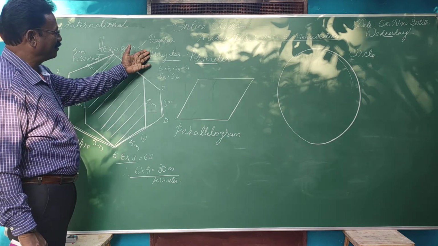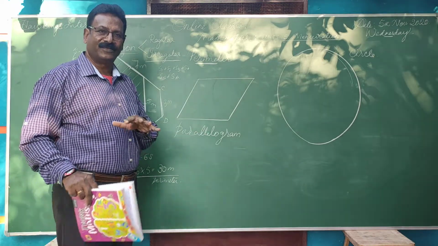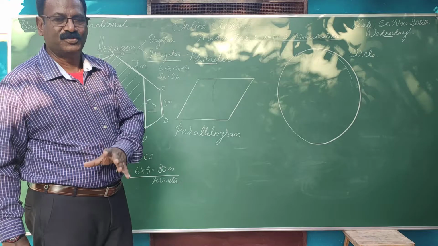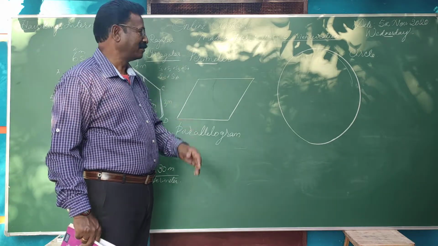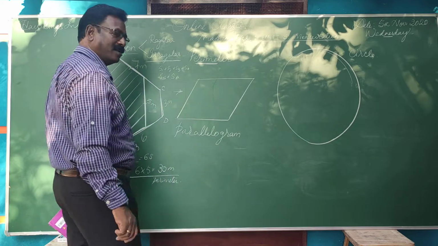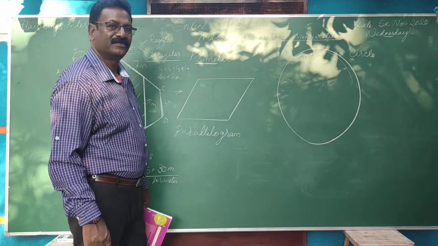If it is irregular hexagon, side 1, side 2, side 3, side 4, side 5, side 6. So if you understand this concept very well, then it will be much more useful when you come to the higher classes. Okay, let us move on to the next geometrical figure called as the parallelogram.